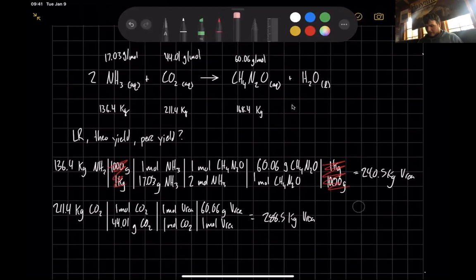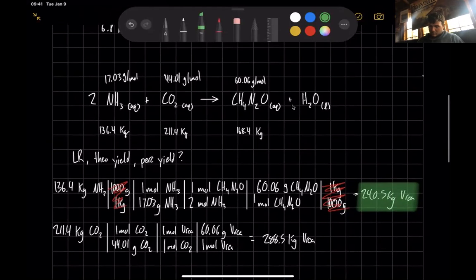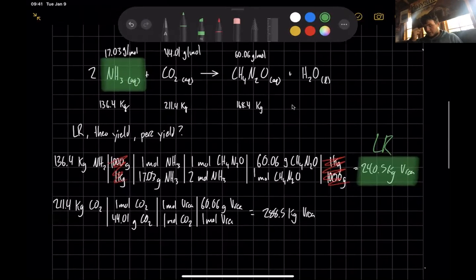So looking at this, the one that produces less is the limiting reactant. And so we know that the ammonia is our limiting reactant. And so that's our first answer, that the ammonia is the limiting reactant.